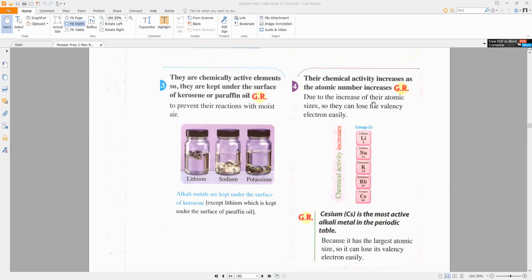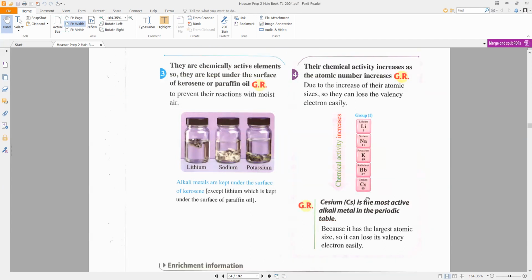Because they are very, very active elements, what happens to their activity in the group as we move from up to down? We found that the chemical activity increases as we move down. Lithium has the least activity, then sodium, potassium, rubidium, and cesium, which is the most active alkali metal in group 1A. Why does activity increase as we move down?